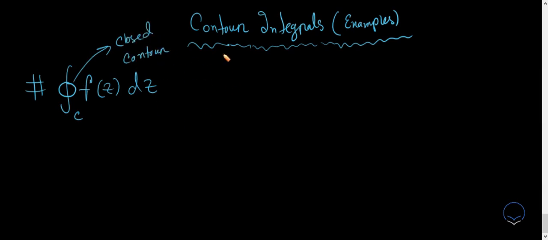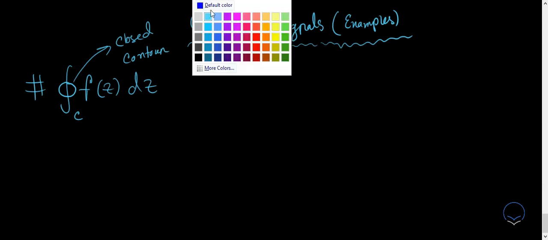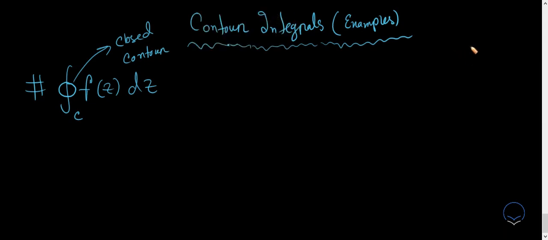That means a contour that closes on itself. That means the starting point and the ending point are the same. So it's like a loop. So if you recall, one of the examples of this closed contour is a circle like this. This is a closed contour. And today we are going to see some integrals that will involve this kind of contours.